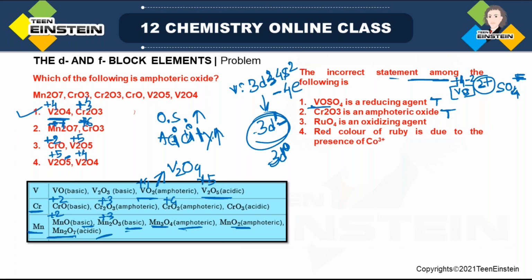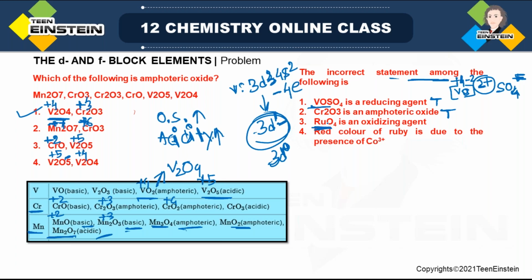Third statement, ruthenium tetroxide. Can you tell me what is the oxidation state of ruthenium in RuO4? Overall, the molecule is neutral. Just consider ruthenium as having oxidation state X, and 4 oxygen atoms.